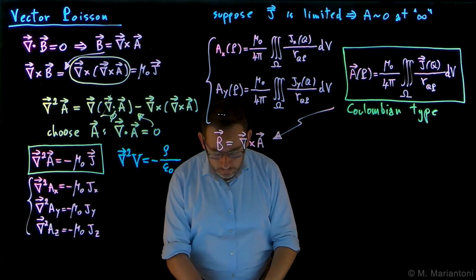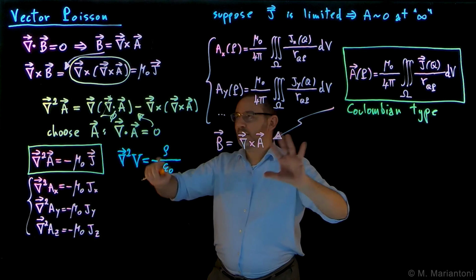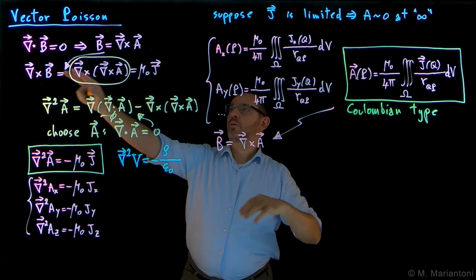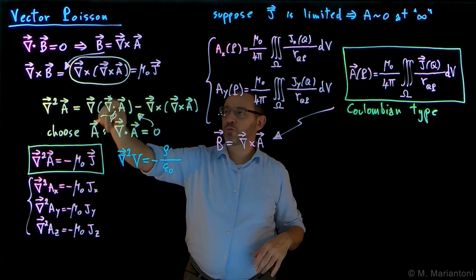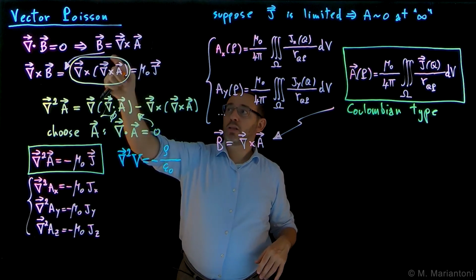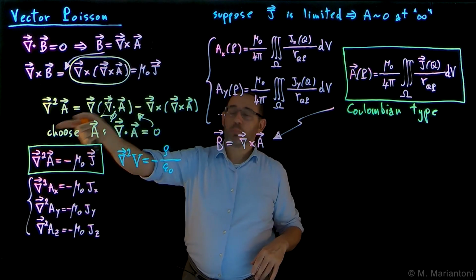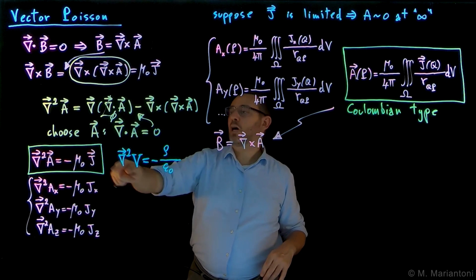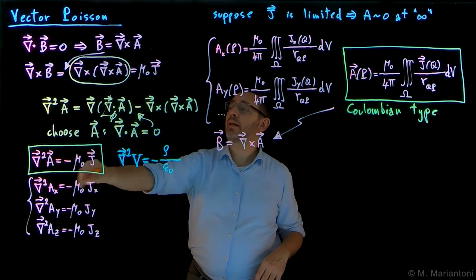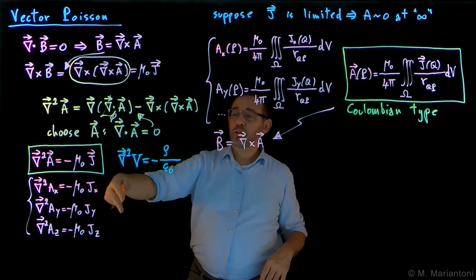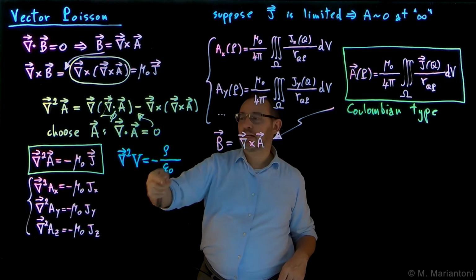Now, the key to all this, let's summarize it here. Vector Poisson. We begin with the Maxwell equations for the magnetostatic field B in differential form case 1. We know that we can define a vector potential, and among all possible vector potentials, one which is also solenoidal. Therefore, by means of this vector calculus identity, we can find the vector Poisson equation, which is three Poisson equations like the one in electrostatics.